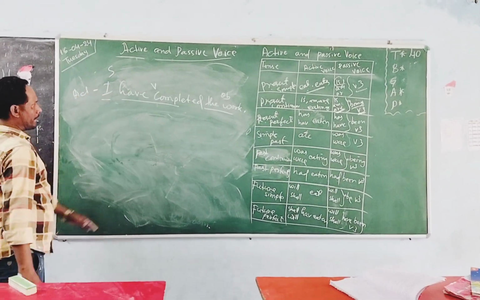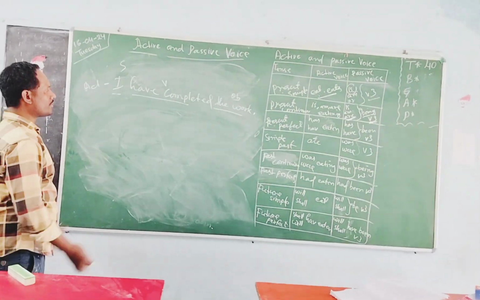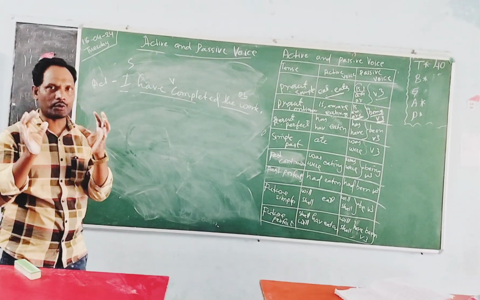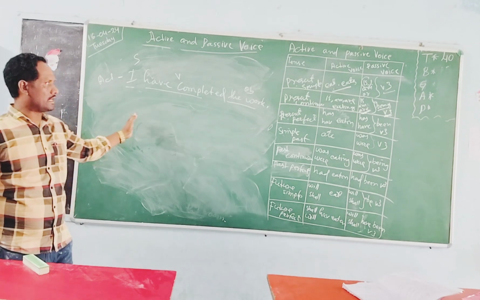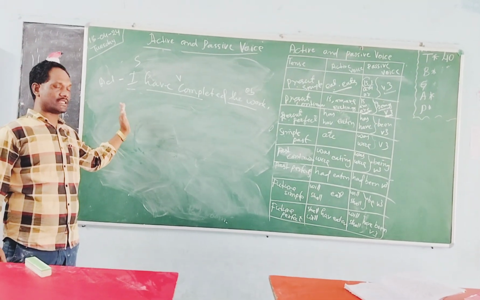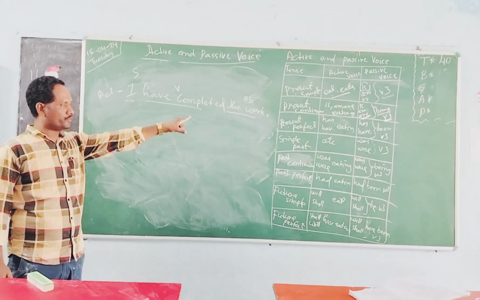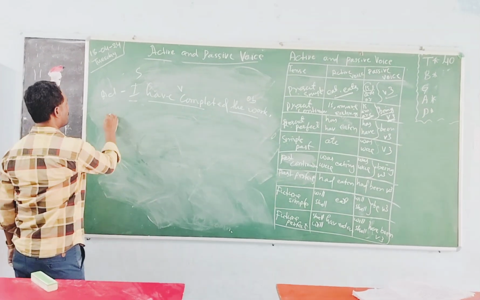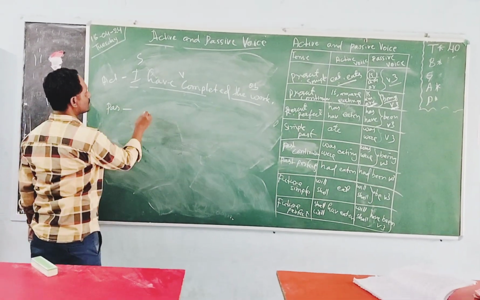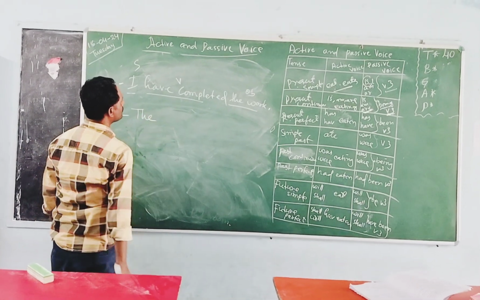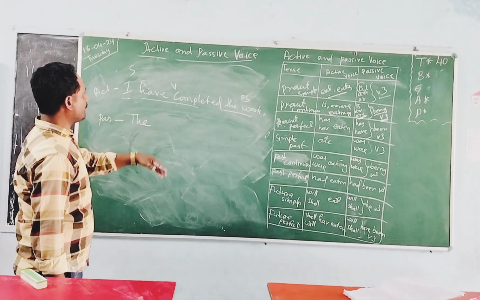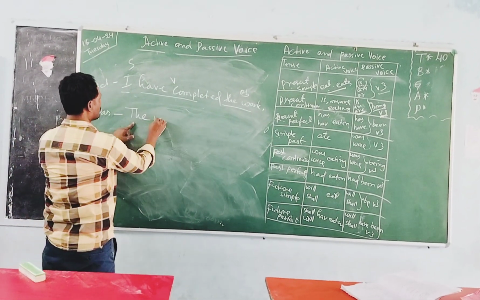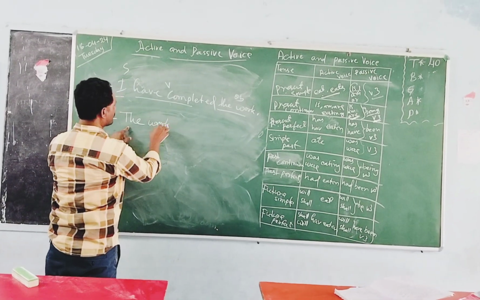So let us go to the table, the rules. What is our first rule? The object will come to the subject place, because in passive voice we are giving importance to the object. We are going to show what happened to the object. Passive voice: the work. So, I have completed the work. The work, we brought the object into the subject place.